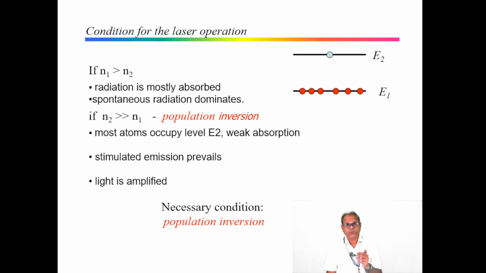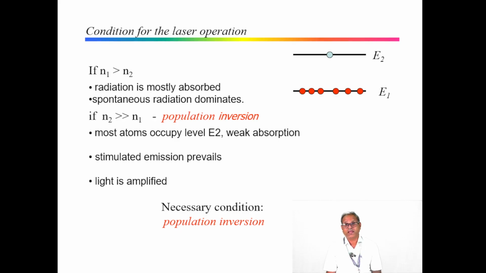So, most important is that when we go for the condition of laser action or laser radiation, if you are having N1, N1 is nothing but number of atoms in the E1 state. E1 state is shown in the red color, that we can say that number of atoms at the ground state, that is at the lower energy state, and N2 represents the number of atoms in the higher energy state, that is the excited state, that is E2 state.